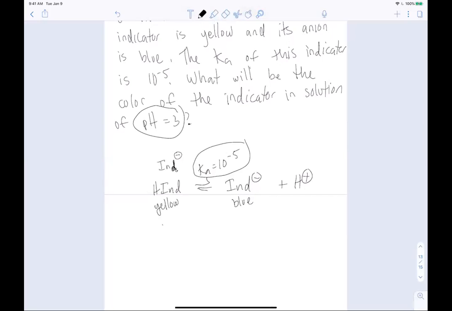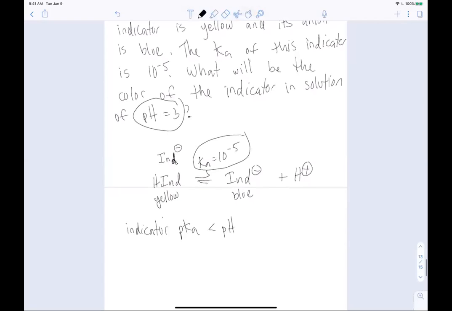There's probably a bunch of different ways to do this. One would be to work out a Rice table, but in general, you can say that for a particular molecule, we look at the situation where the indicator pK is less than the pH.